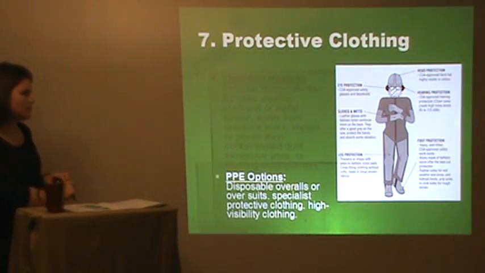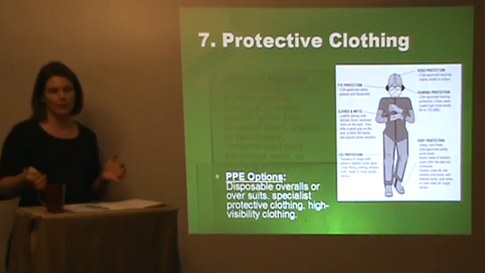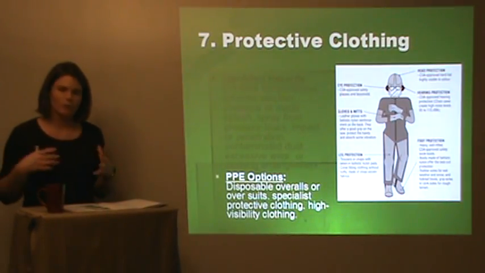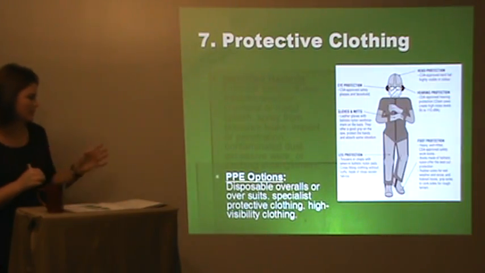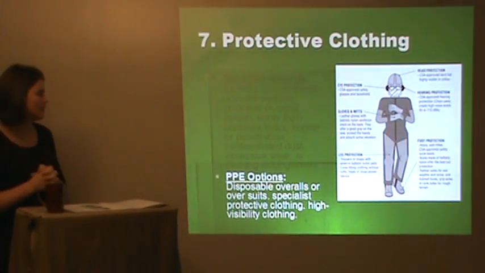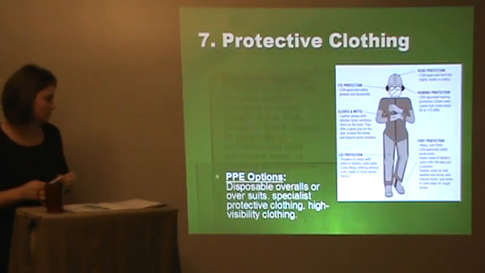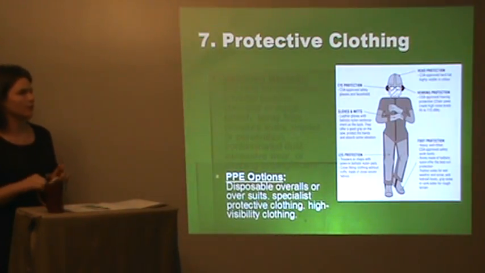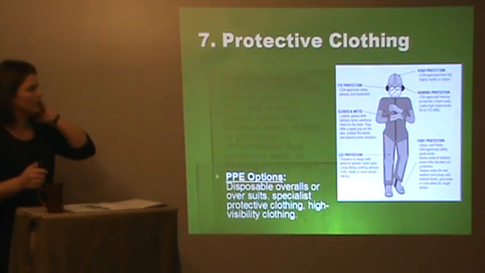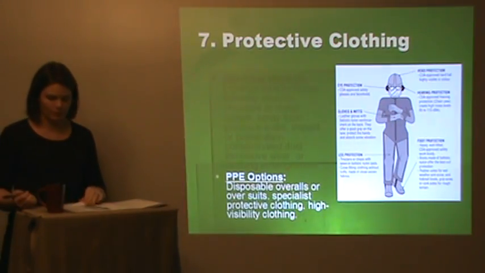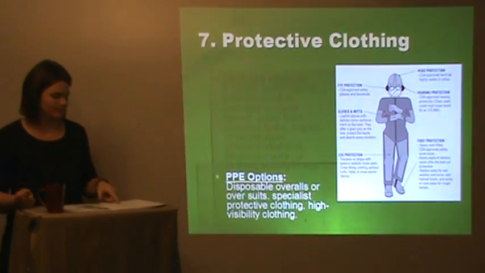Disposable overalls or oversuits, such as if you're in a working environment and you could be carrying home some abrasive particles, your company should be providing you disposable overalls or oversuits. Also, if you work at night, some high visibility clothing should be used to protect you.